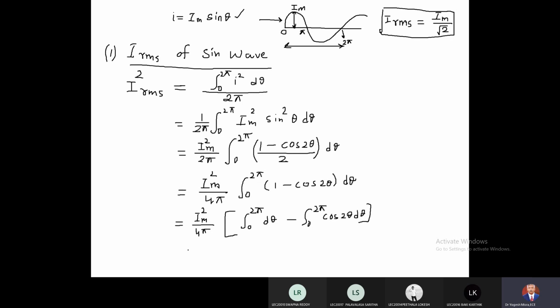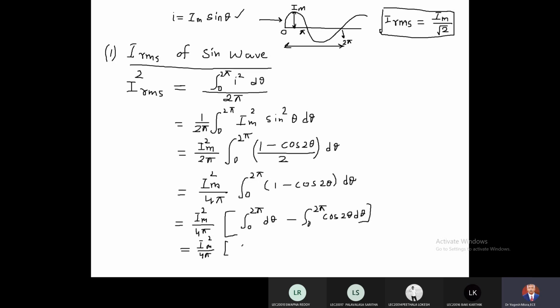Okay, and this will be equal to Im square by 4 pi.